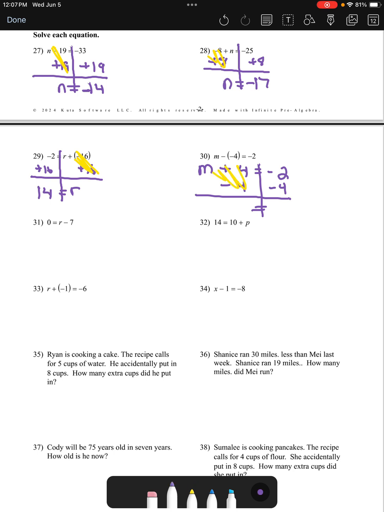Again, by design, plus 4 and negative 4 get rid of each other, leaving that m all alone like it wants to be. And on the right side, we have negative 2 and negative 4, or negative 2 minus 4. These have the same sign. They're both negative. So we keep that negative sign, and we add the numbers. 2 plus 4 is 6. M is negative 6.